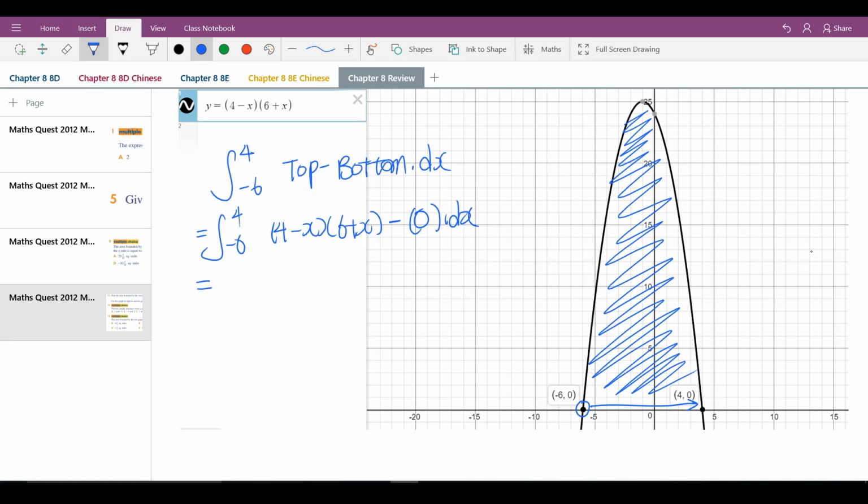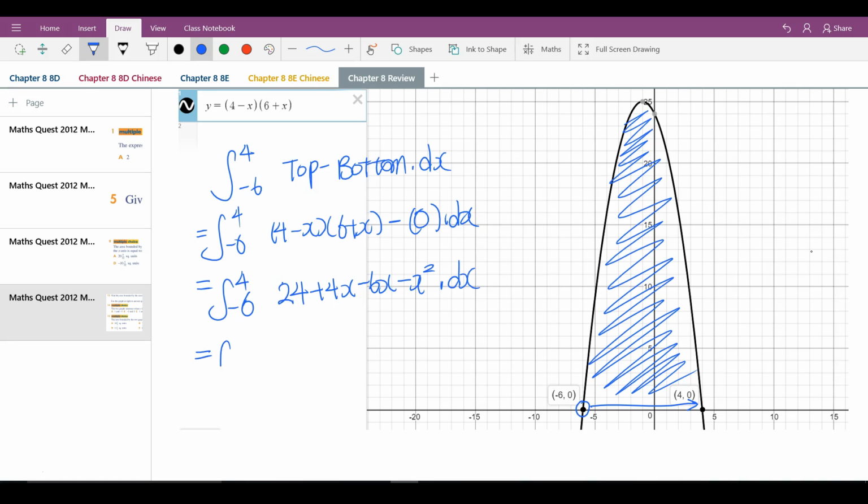Integrate with respect to x. We can expand the brackets: 4 times 6 is 24, 4 times x is plus 4x, negative x times 6 is negative 6x, and negative x times x is negative x squared.